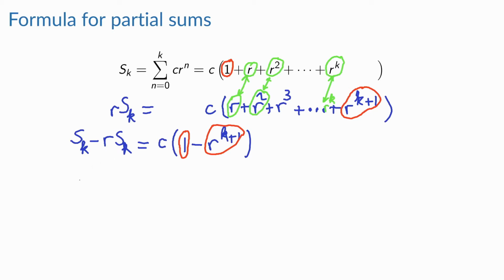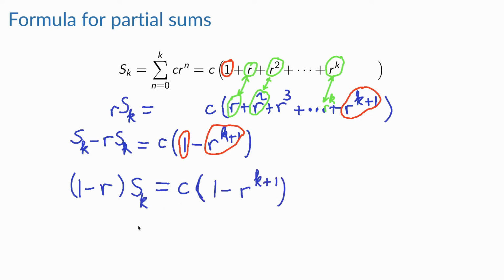So that means that if I take 1 minus r times S_k, that is equal to c times 1 minus r to the k plus 1.